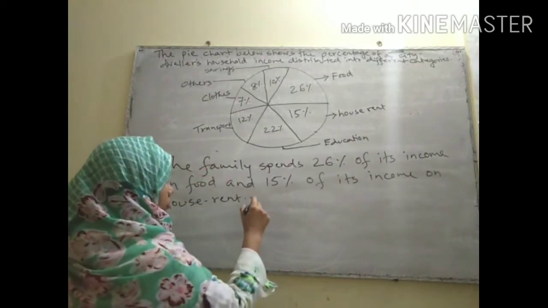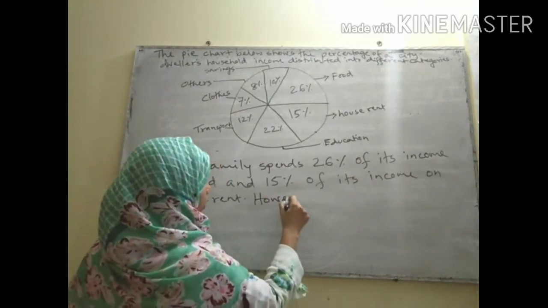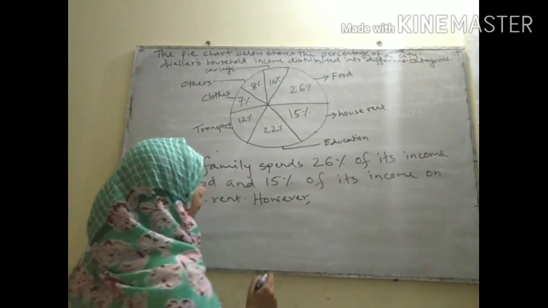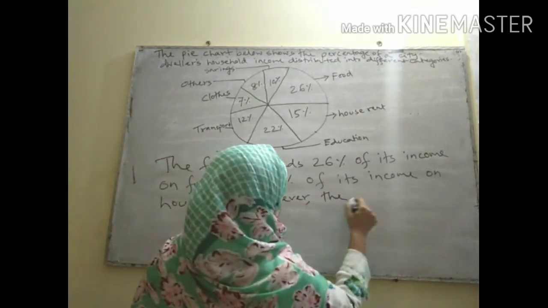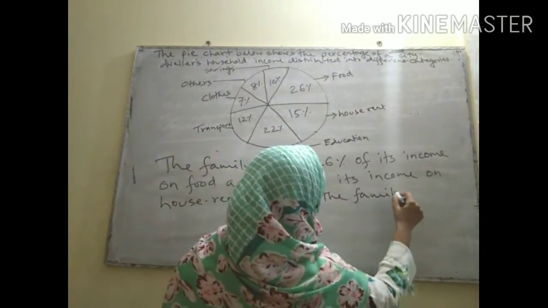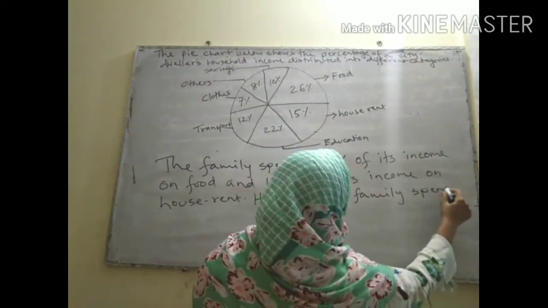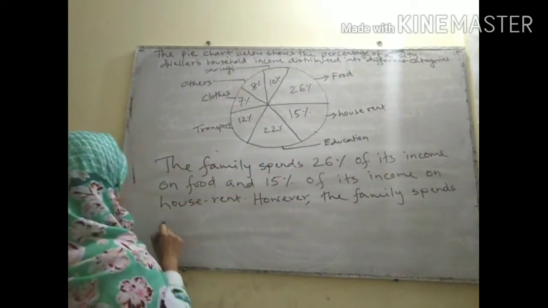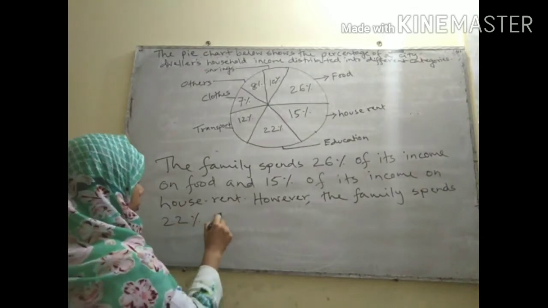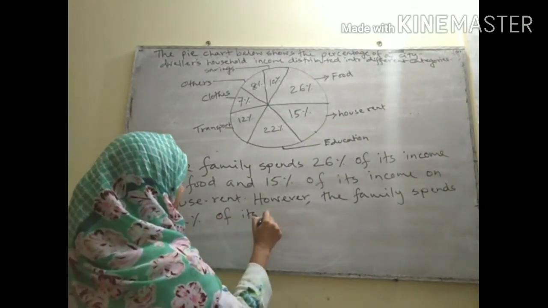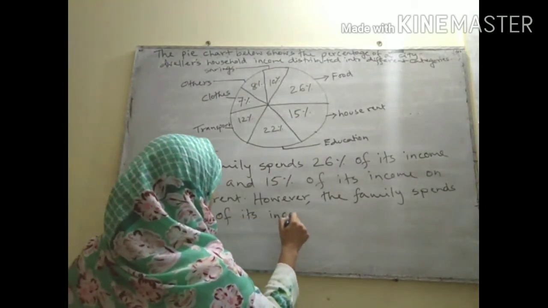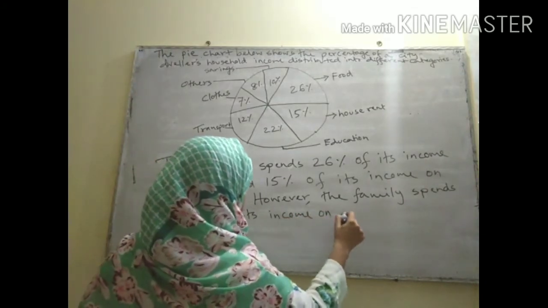Again, however, the family spends 22% of its income on education.